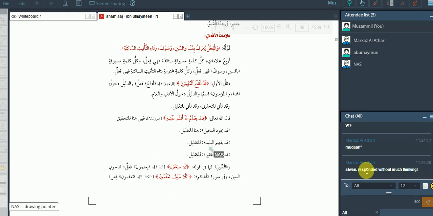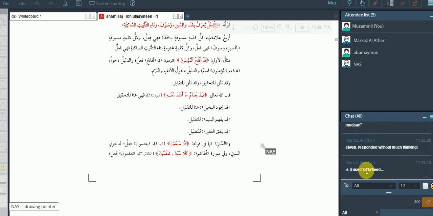This is diminutive, meaning a small instance, few instances. قد يفهم البليد. It's possible that someone who is balid, slow in his intellect or understanding, would understand something. للتقليل. And another example, قد ينفق الفقير. It's possible that a poor person will spend, meaning in charity. هذا للتقليل.